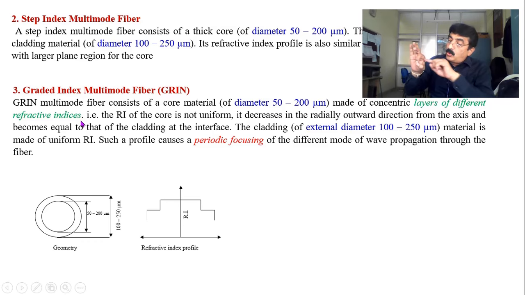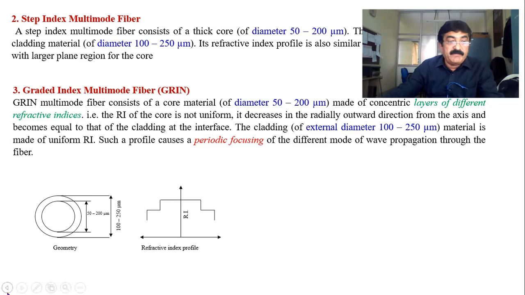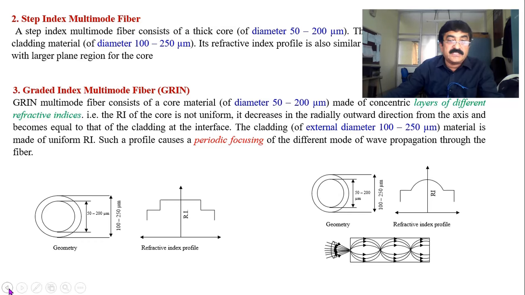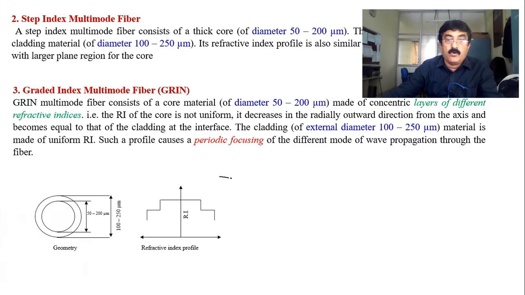In the core region the refractive index is not constant. It is a continuously variable one. So refractive index does not remain same. See, this part is no more constant like this. It keeps on decreasing, gradually decreases and then remains constant. So because of that, it is called GRIN.